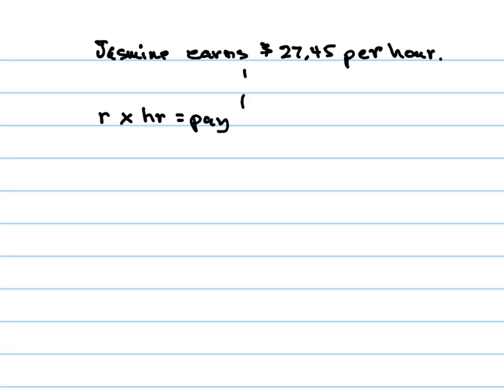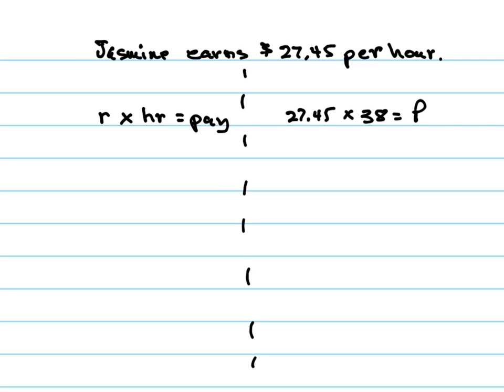then it doesn't really matter which thing you know. So say that she earned $27.45 per hour, and this time she's going to work 38 hours. So how much would her pay be? Her wage. Okay.